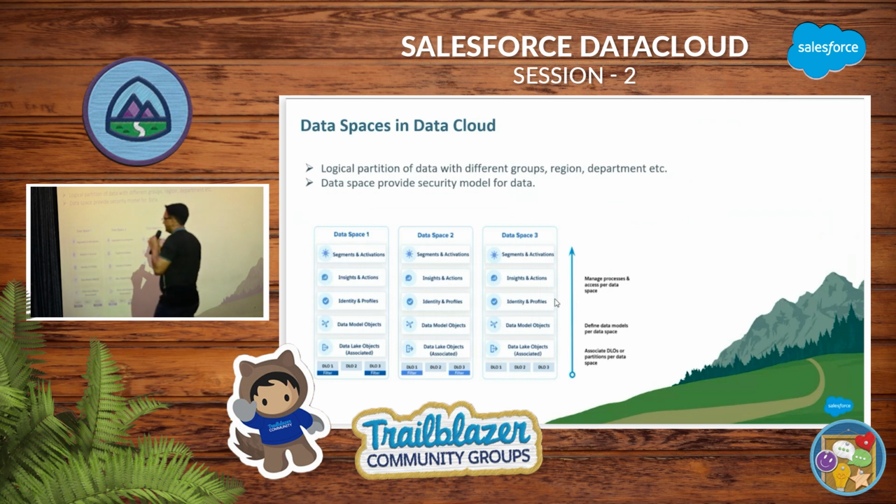I want to segregate so that the people from the HR side can't see the data of accounts, manufacturing, or any other department. So at the time of data cloud configuration, I will ask how many different organizations, sub-organizations, or sub-departments are working in this company.